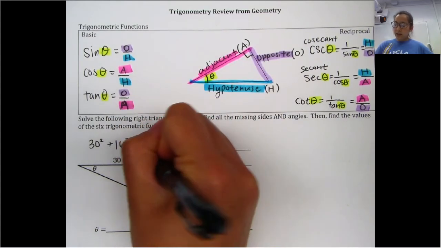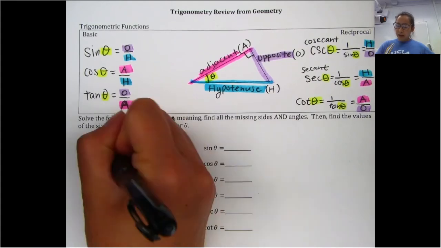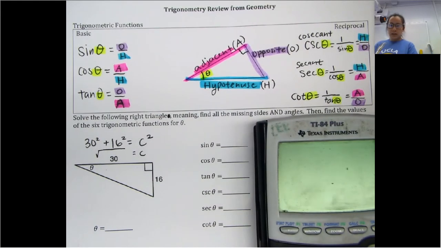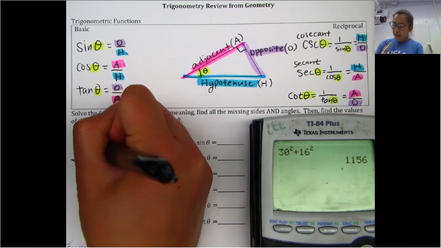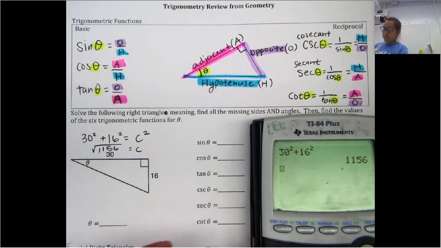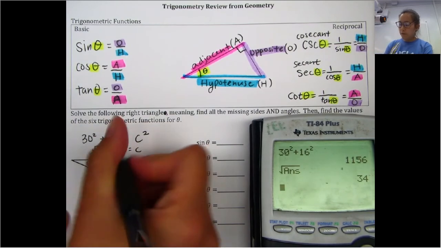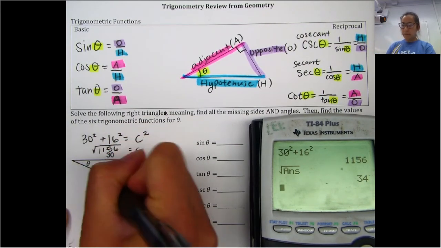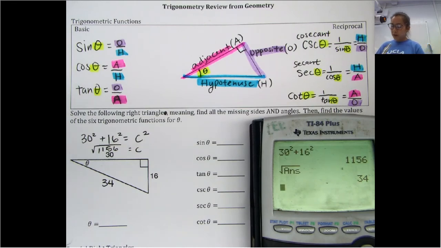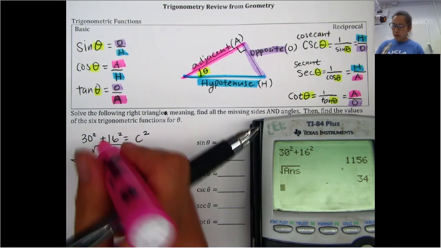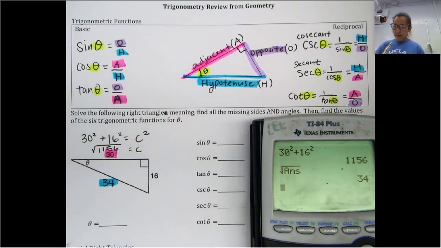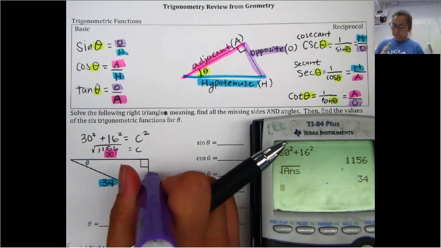So c equals the square root of 30 squared plus 16 squared, which is the square root of 1156, which is 34. This side length is 34, and this is also the hypotenuse. We'll color code this with our example drawing. The adjacent to theta is the one next to theta, so that would be 30. The opposite to theta would be 16.